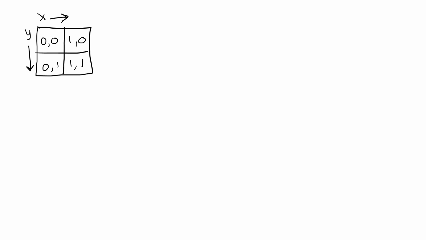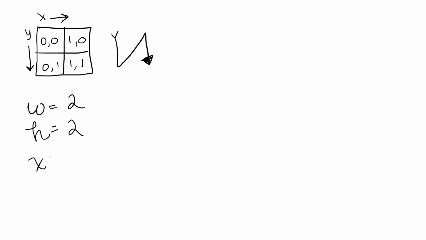And let's say we wanted to access the image like so. We start here, we go down, and we end here, right? So width equals 2, height equals 2, x goes from 0 to 1, y goes from 0 to 1.